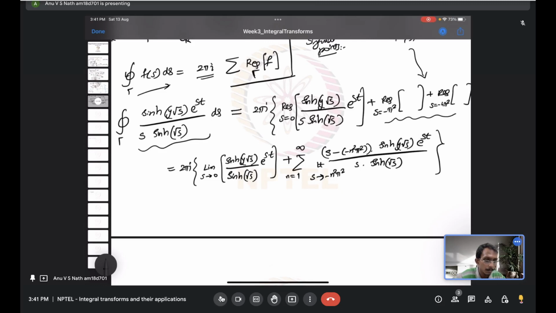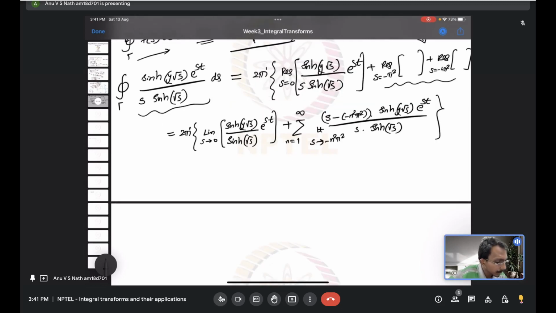Is this clear? Okay, good. So then what we will do is 2 pi i times the first limit. It's actually easier to do, because you can apply L'Hospital's rule to evaluate this limit, but it's fairly simple.